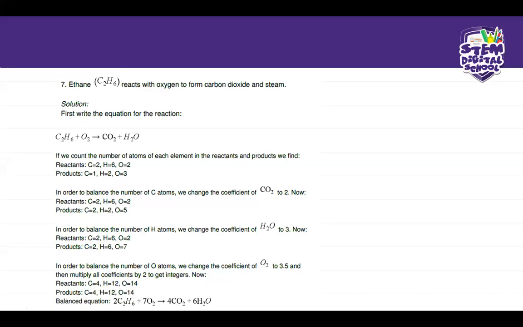So what we're going to do to change this 3.5 to a whole number, we're going to multiply this whole equation by 2 in order for us to get an integer. Okay, so it's not going to be 3.5. We don't write 3.5 there.